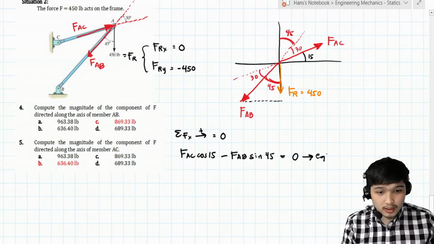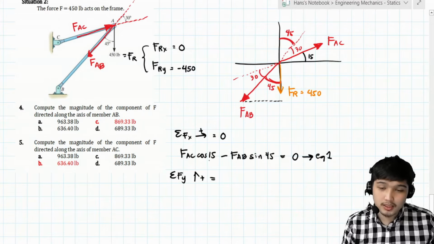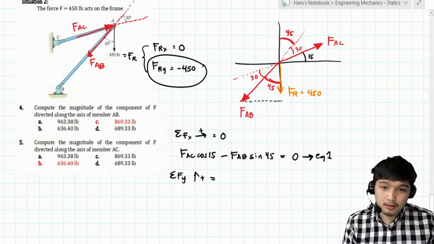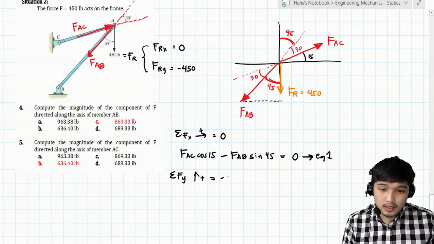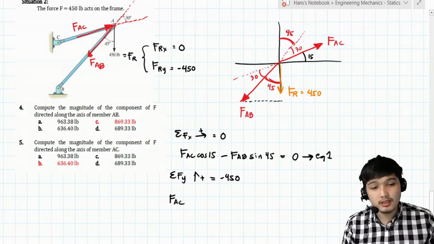So, equation 1. So, another equation is summation ng forces along y, considering upward positive, dapat mag-equal saan? Sa vertical component, negative 450. So, yung FAC, upward, so positive. FAC sine of 15.